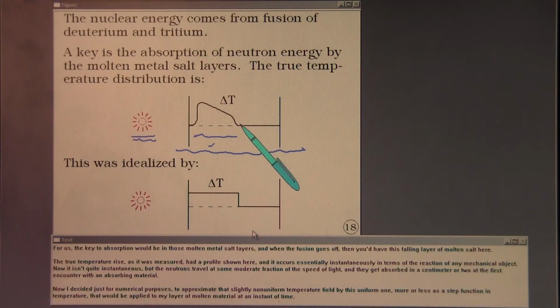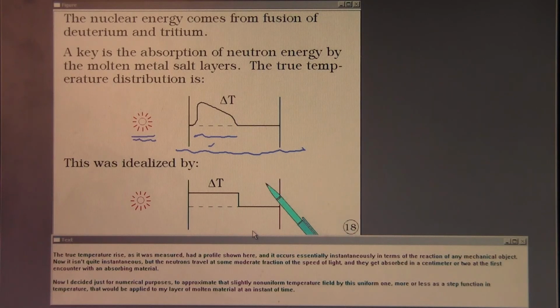Now, I decided, just for numerical purposes, to approximate that slightly non-uniform temperature field by this uniform one, more or less as a step function in temperature, that would be applied to my layer of molten material at an instant of time.